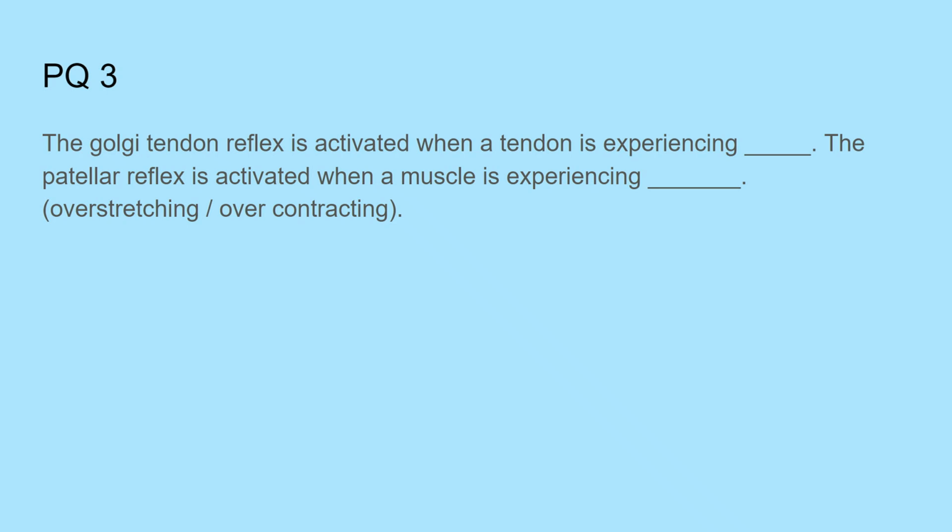Next one, the Golgi tendon reflex is activated when the tendon is experiencing overstretching or overcontracting. And then the patellar reflex is activated when a muscle is experiencing overstretching or overcontracting. Does anyone have an idea?